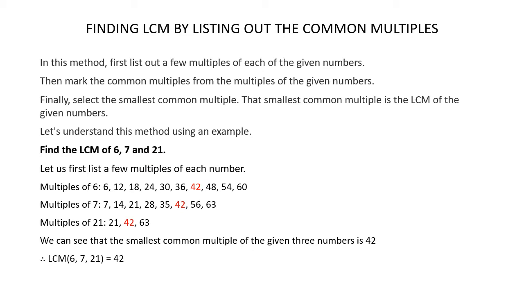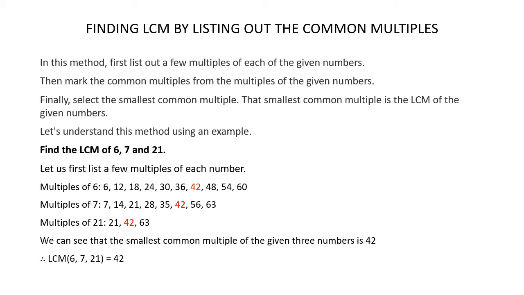First, list out a few multiples of each of the numbers. Multiples of 6 are 6, 12, 18, 24, 30, 36, 42, 48, 54, 60 and so on. Multiples of 7 are 7, 14, 21, 28, 35, 42, 56, 63 and so on.